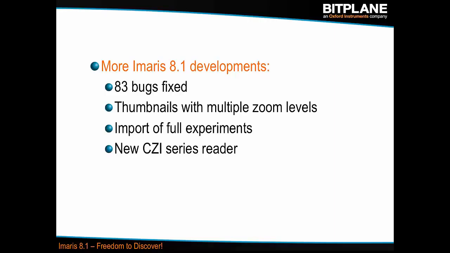For those of you using Zeiss microscopes that create CZI files, we have, in collaboration with Zeiss, of course, they gave us the needed information, created a reader for CZI time series. This means we don't need to convert it to an IMS file to get very fast visualization. Actually, the CZI file format is very similar to the IMS file format.